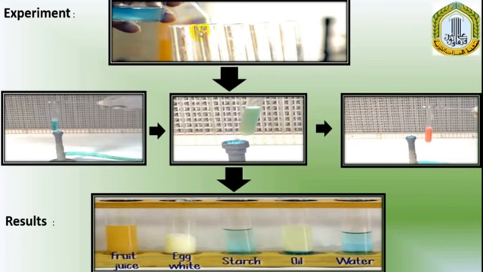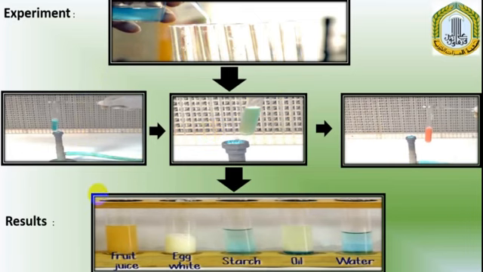Add a few drops of Fehling solution in each tube containing food. Heat the tubes successively and observe the change taking place in each.